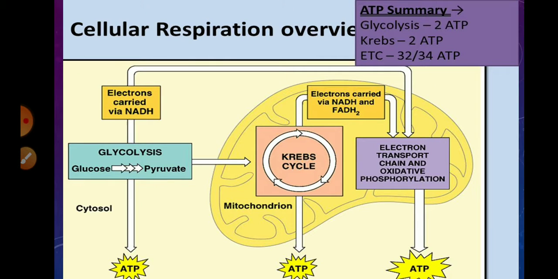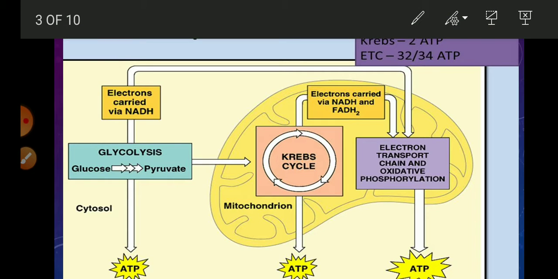So let's start. Let's take a review of cellular respiration, which we have studied up to now. The first step which we have studied was glycolysis, in which glucose is broken down into pyruvate. The 6-carbon compound glucose is broken down into 2 molecules of a 3-carbon compound, called pyruvic acid or pyruvate.